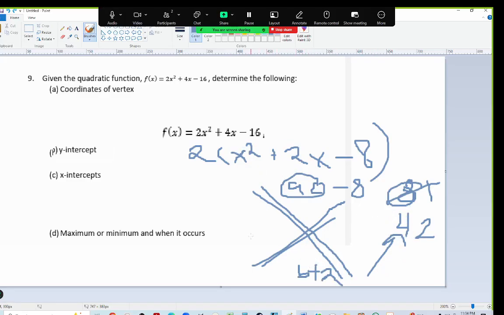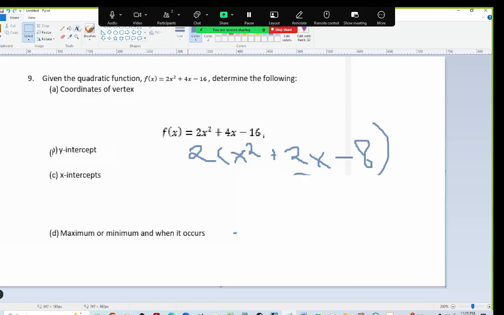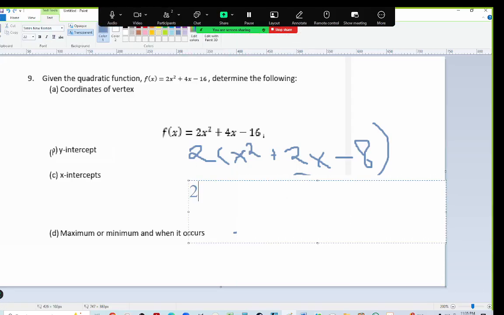My answers here are negative 2, positive 4. And because I've made this into 1, because there's 1 x squared here, I don't have to do any grouping or anything. I can just write it like this. 2 times x plus 4, x minus 2.